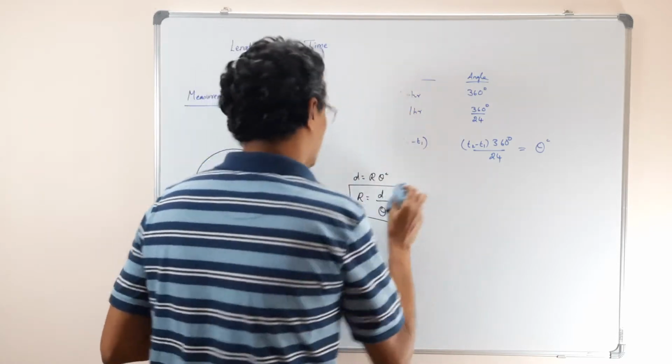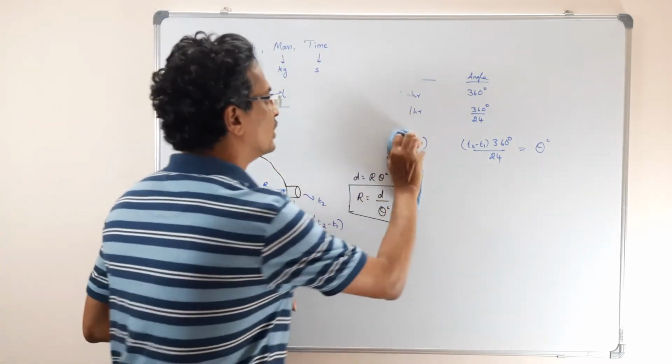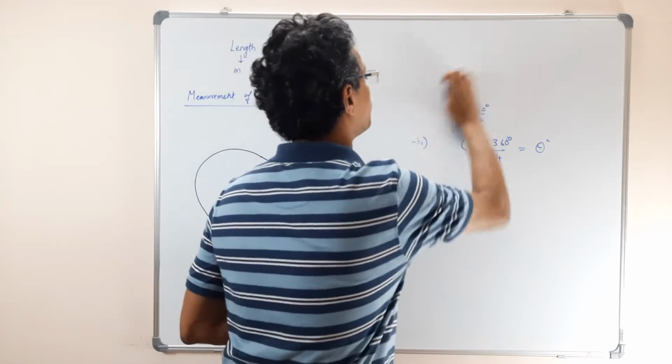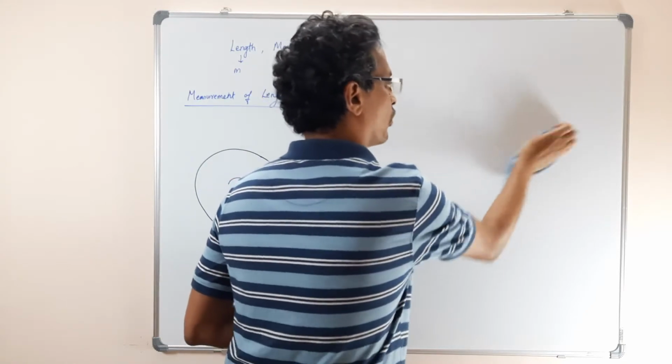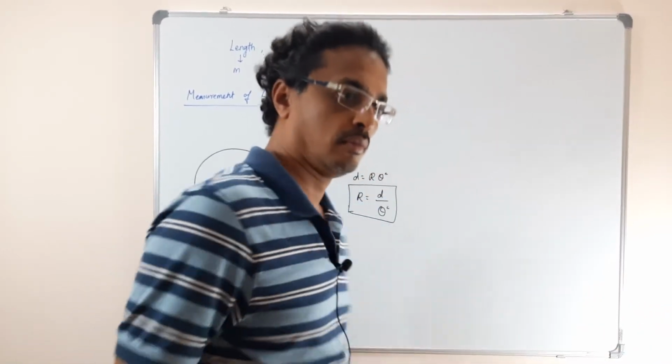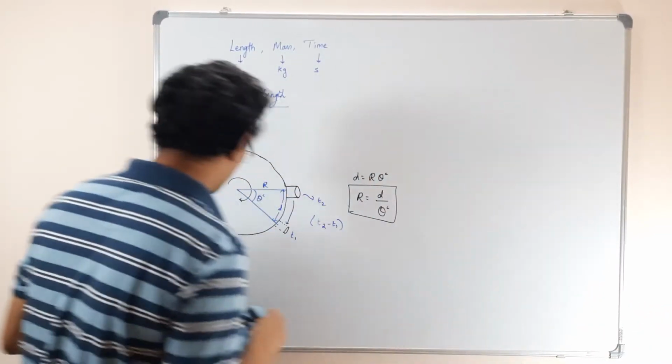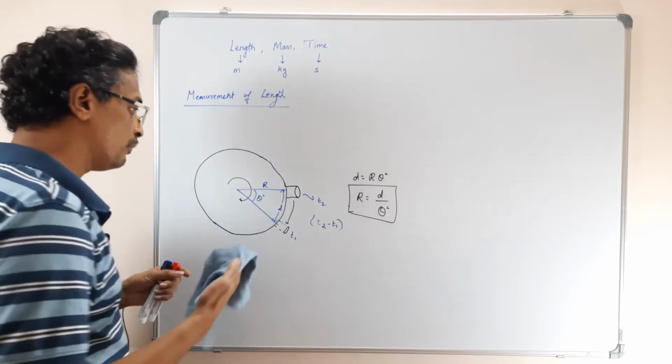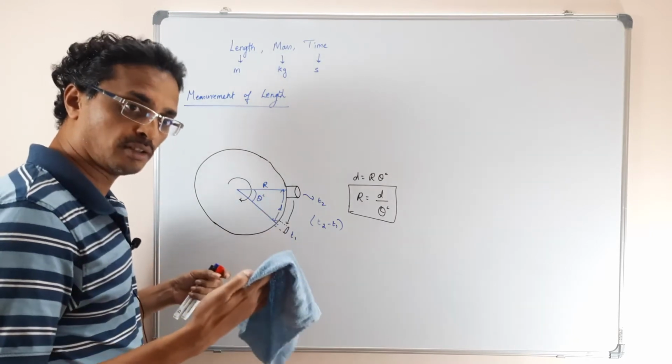Okay, and this is very interesting. So once you know the size of the earth, they were able to measure the size of the moon also, sitting on earth.